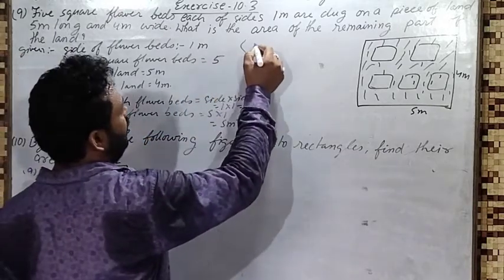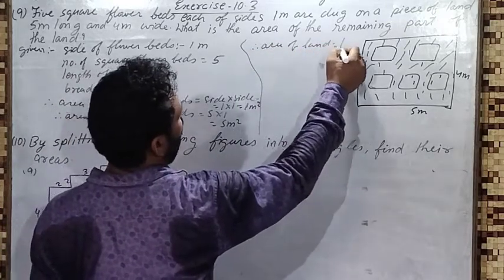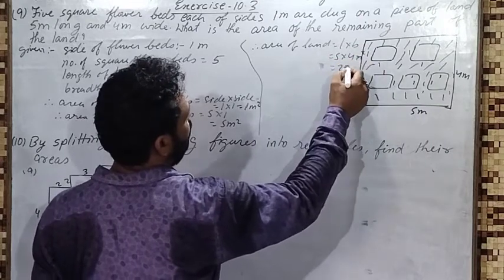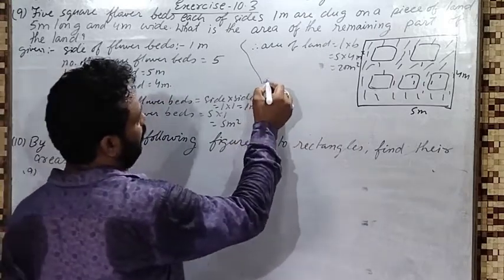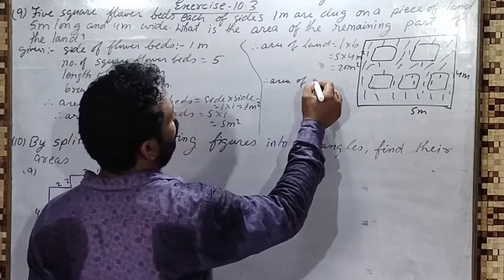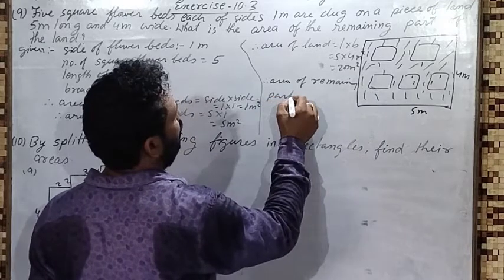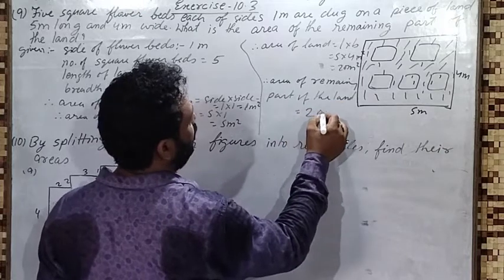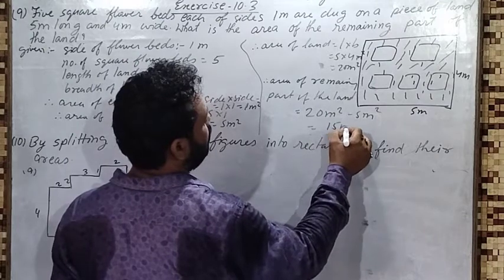Area of land is equal to L into B, that is 5 into 4 meter square, 20 meter square. From this you subtract the area of flower beds, you will get the area of the remaining piece of land. Therefore area of remaining part of the land is equal to 20 meter square minus 5 meter square, that is 15 meter square.